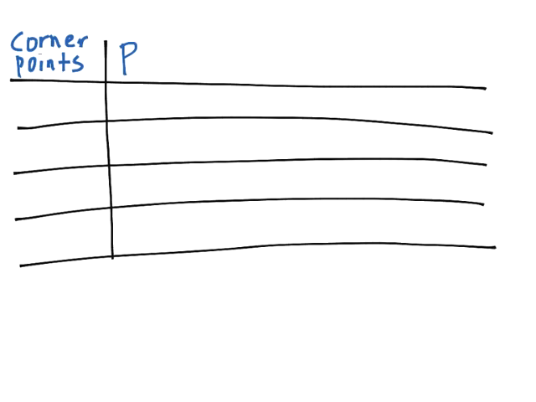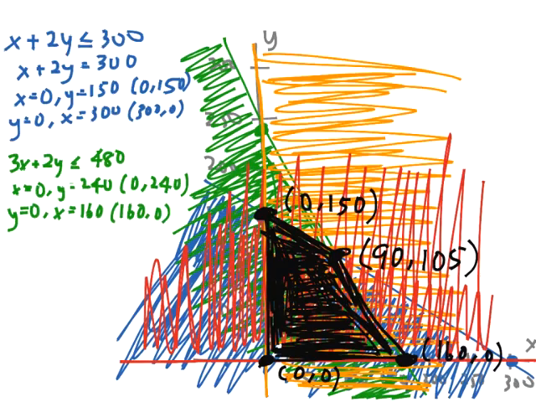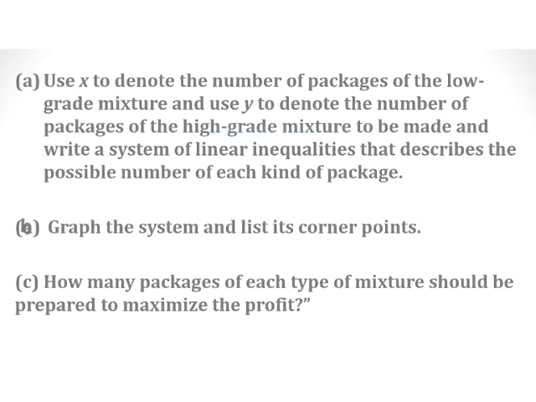Okay, now for our P, we need to identify what we want to maximize or minimize. In the question, it says how many packages of each type of mixture should be prepared to maximize the profit. So we want to maximize the profit, right?